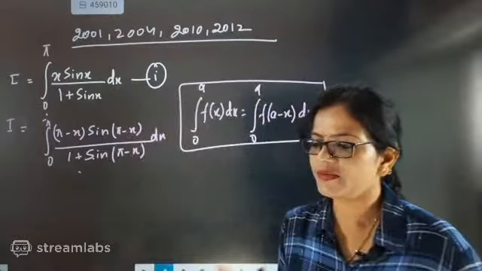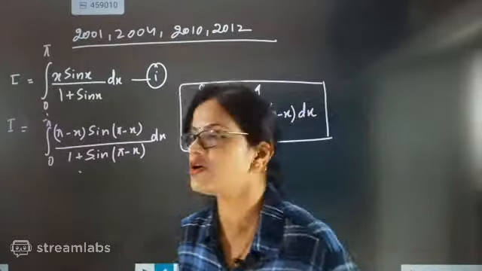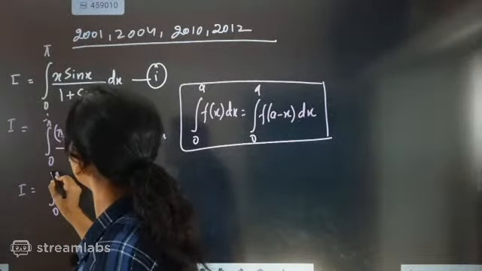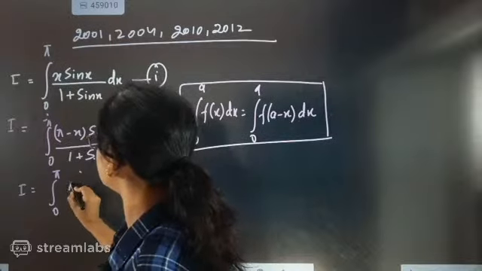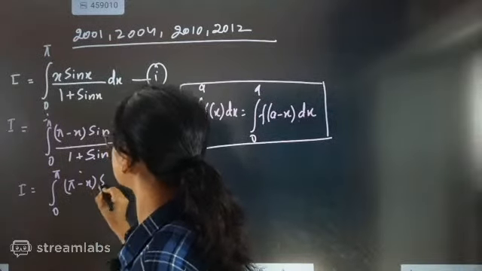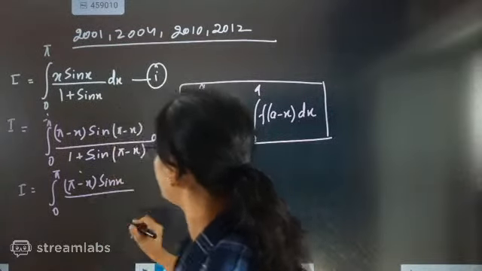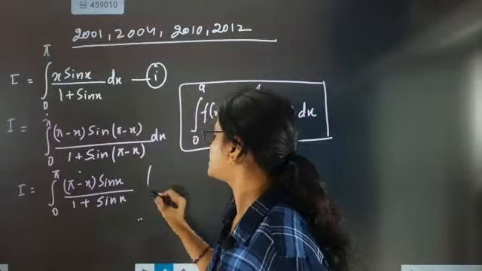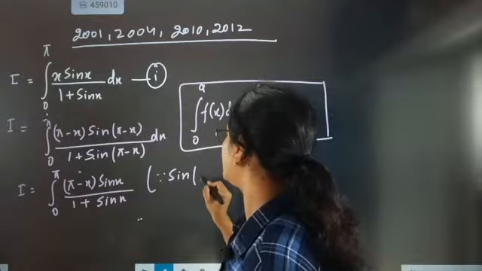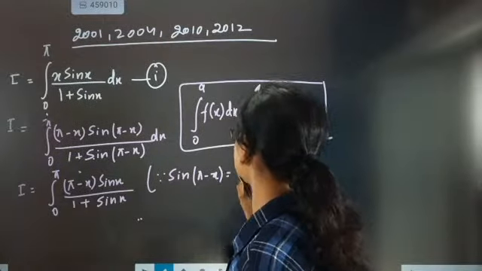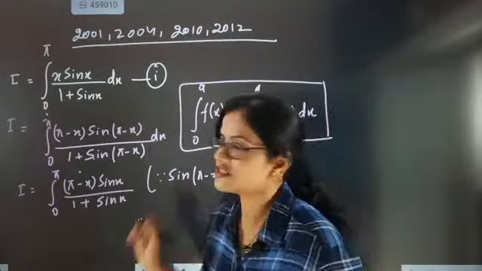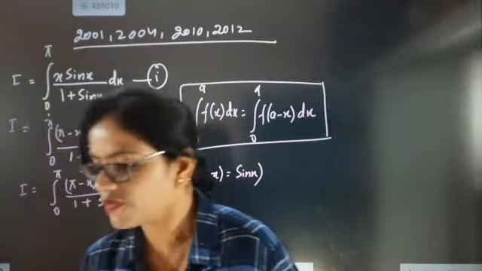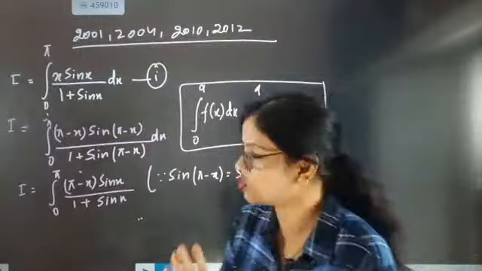Now you know that sine of 180 minus theta is sine theta, no change. So I is equal to the integral from 0 to pi of pi minus x, and this part is sine x by 1 plus sine x, because sine of pi minus x is sine x. So the function part is going to give you the same content, no big deal here.